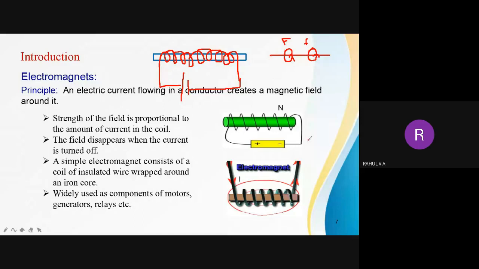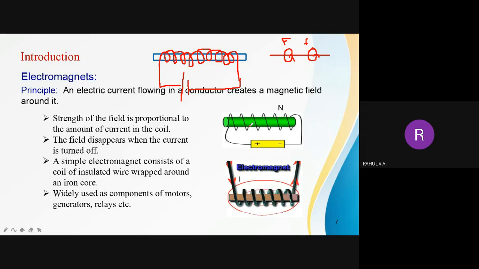So here you can see there is a green color core on which we are winding, because for winding a support is actually required. On it we wind the conductor, and if you give supply to that conductor, what happens? It becomes a magnet.